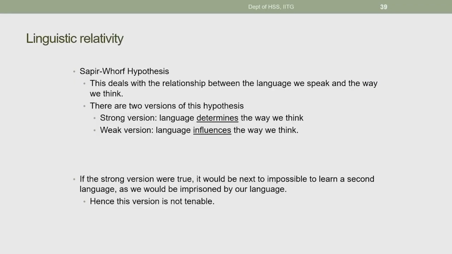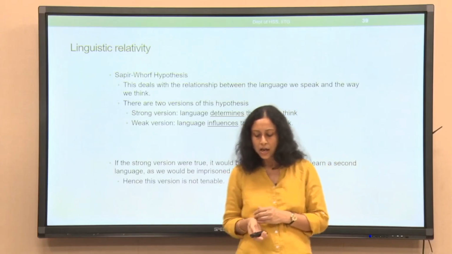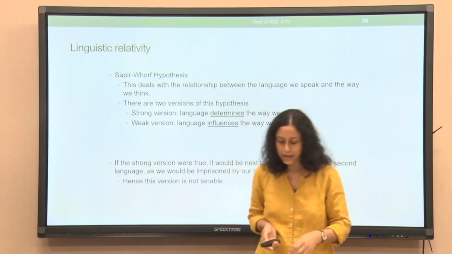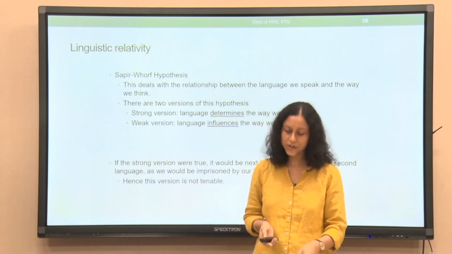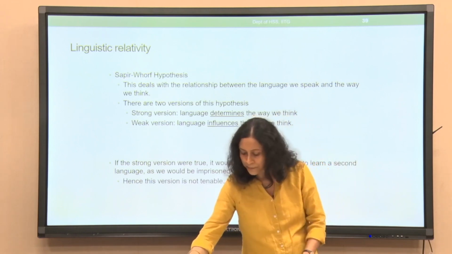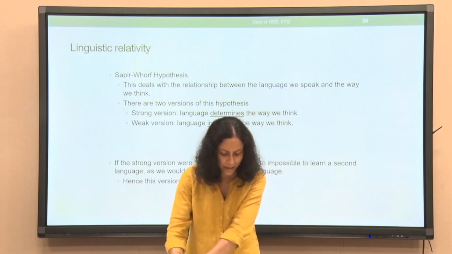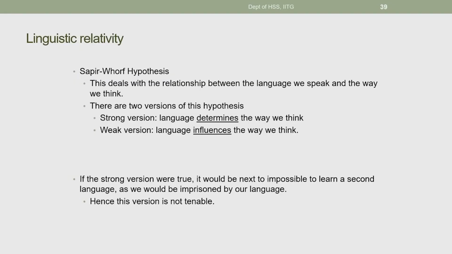We already know that the Sapir-Whorf hypothesis talks about this kind of relationship between the language we speak and the way we think. Now, it has two versions, as we will see. The strong version of the hypothesis says that language determines the way we think. So, language has a deterministic role.